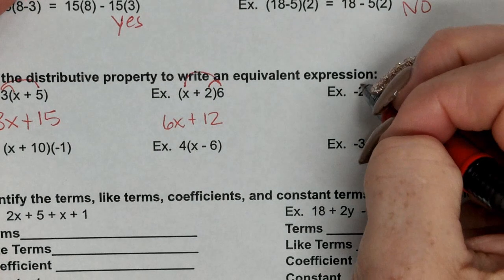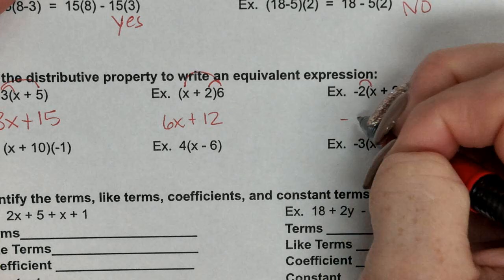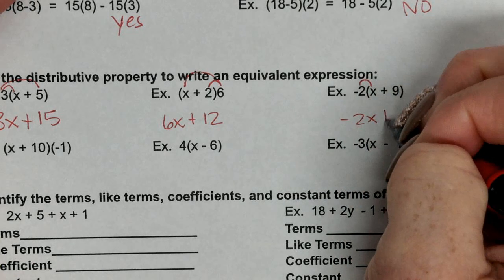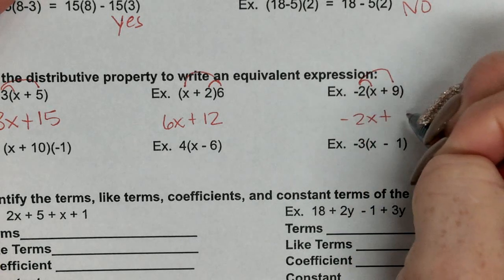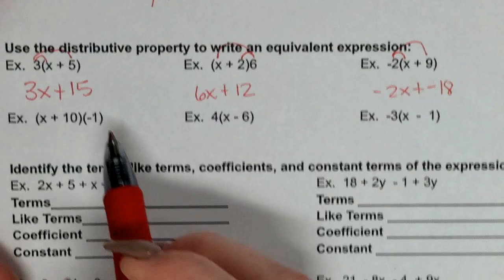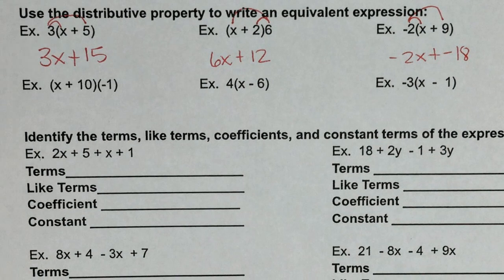All right, the next one, negative 2 times x is? Plus negative 2 times 9 is? All right, I want you to do these 3 on your own, and then we'll go check it together.